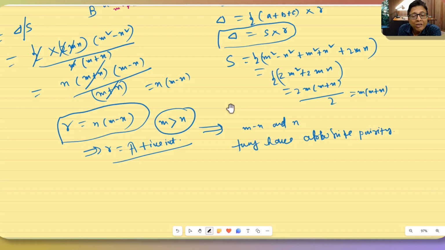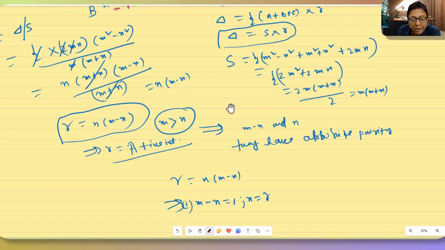So there will be two options over there, r equal to n into m minus n. Case 1: m minus n equal to 1 and n equal to r.